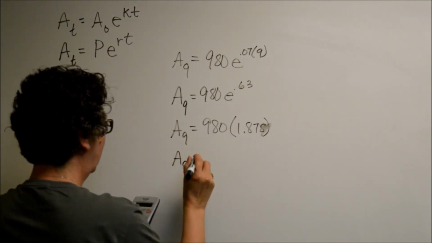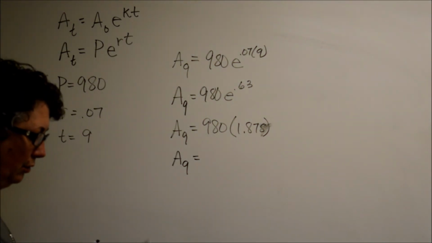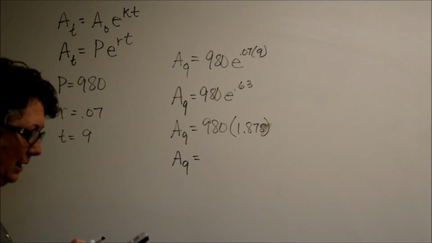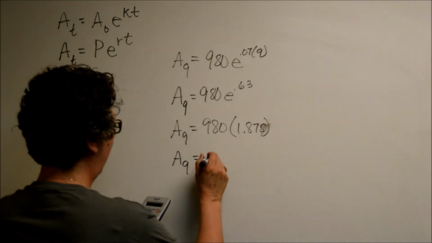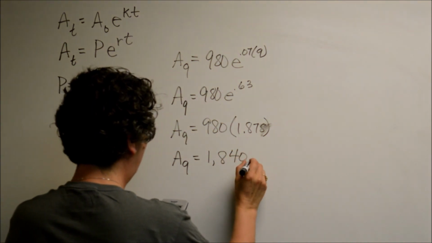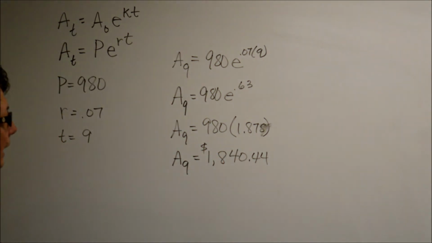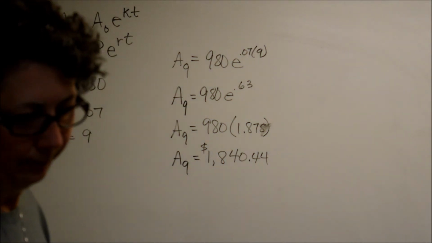And so, in 9 years, 1.878 times 980, she should have $1,840.44 in 9 years.